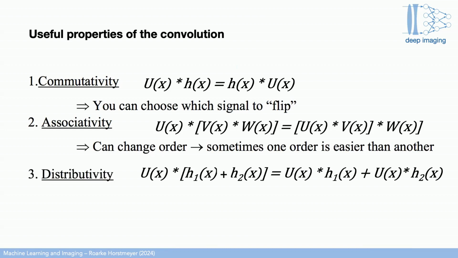And it's distributive. So if you add two point spread functions together and then blur an input with it, it's the same as doing that separately and adding it, right? So again, all of these nice linear properties which we just discussed. So again, don't worry too much about the order of your convs in your Python code because of these properties.